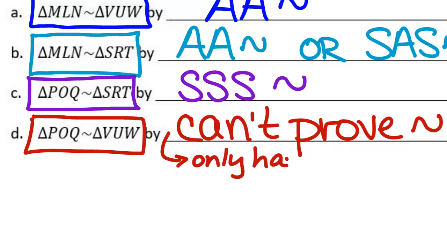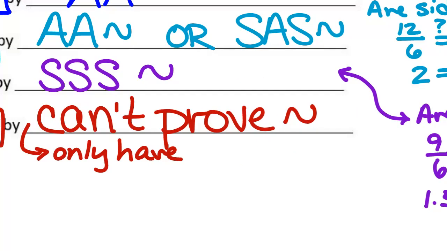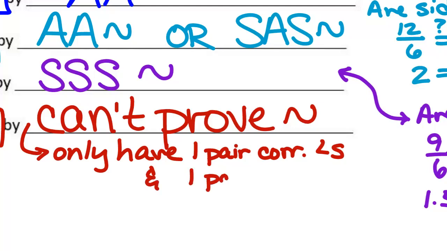We only have one pair of corresponding angles and one pair of corresponding sides, and that's just not enough information.